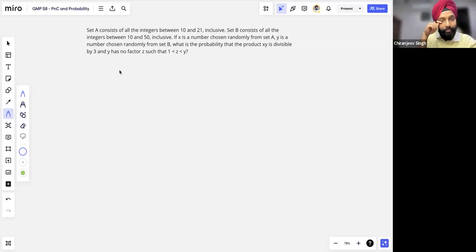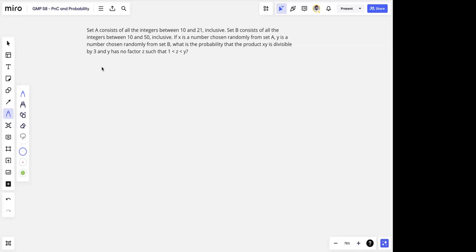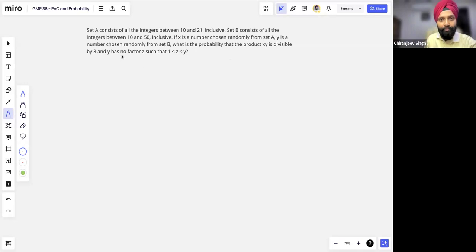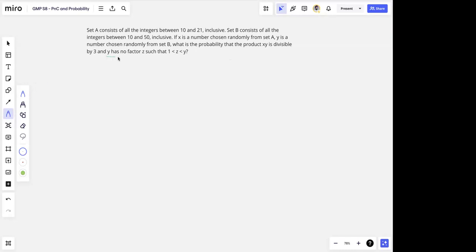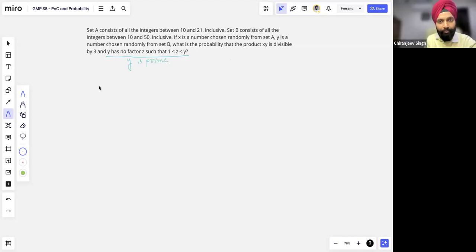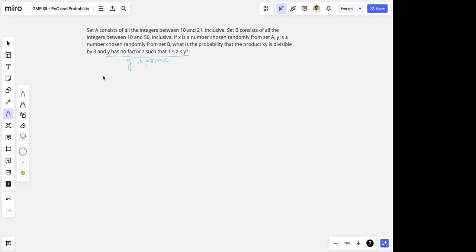My understanding of the second statement, which is the additional one, is that y is a prime number. With that in mind, my initial approach was for set A, the 12 numbers would be from 10 to 21.